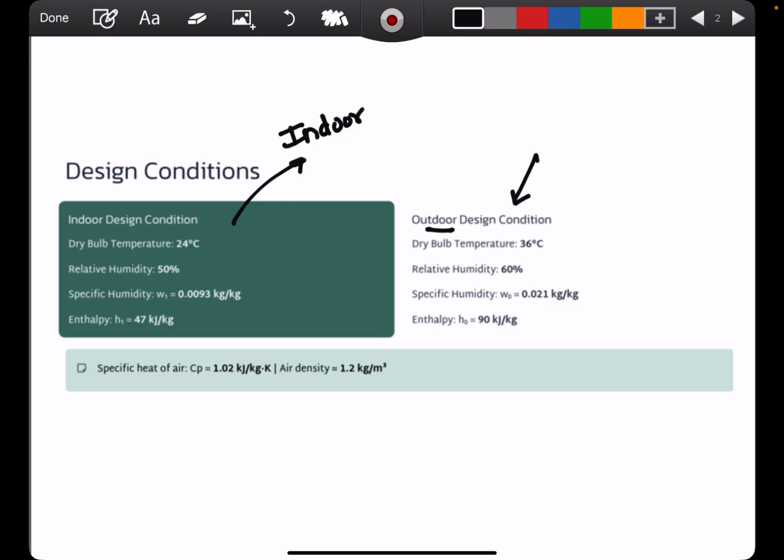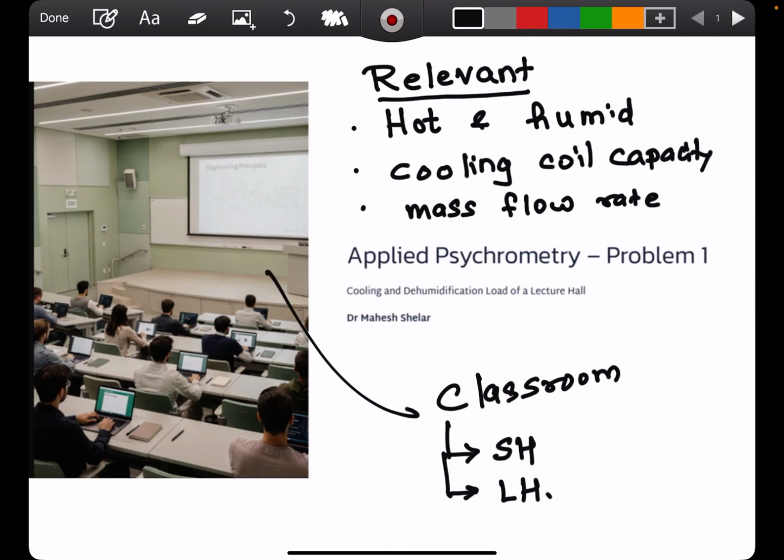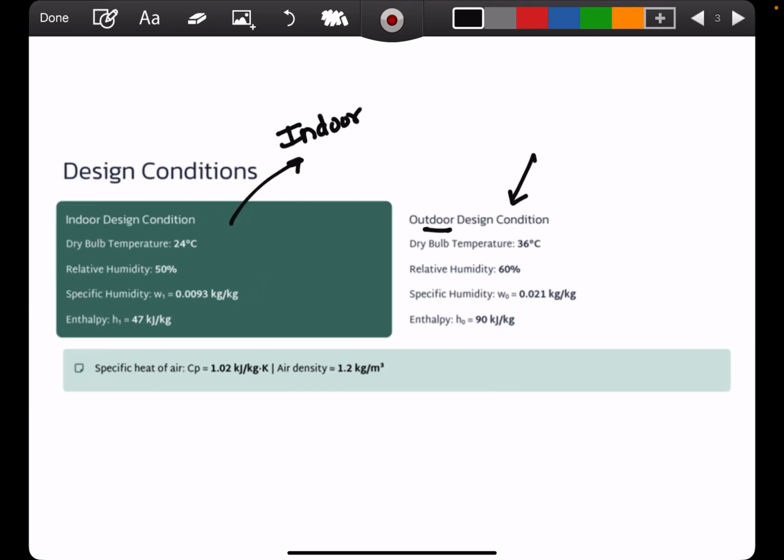So let us say that in this classroom, we are maintaining a temperature of 24 degrees centigrade and RH of 50%. This is the inside design condition. So 50% is the relative humidity and 24 degrees centigrade is the dry bulb temperature we want to maintain.